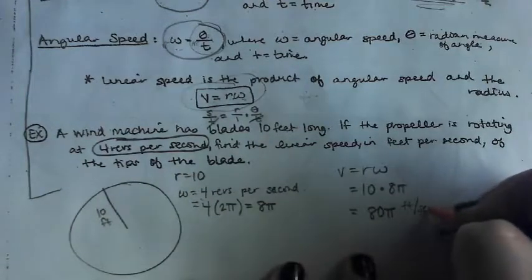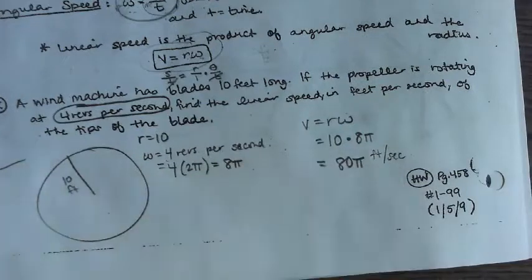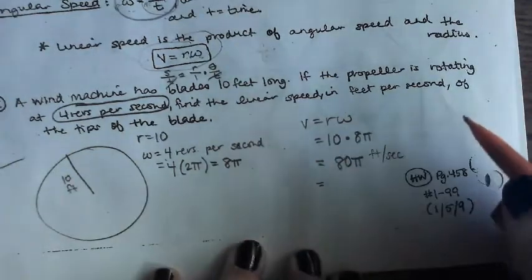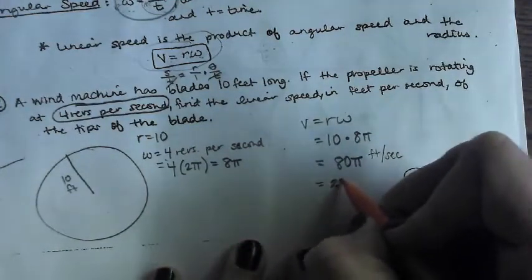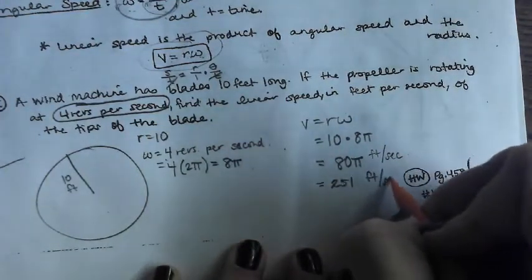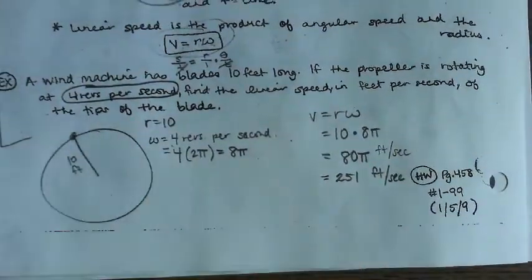And then obviously that doesn't really mean much to us because we have no bearing on it, well, we know pi is about 3, so it's somewhere around 240. So if I do 80 times pi to get the exact, 251. We'll round to the nearest whole number. So approximately 251 feet per second is how fast the tip of that blade is moving.